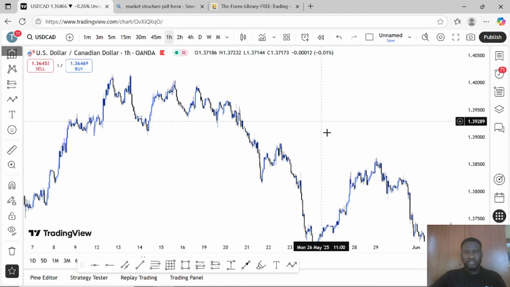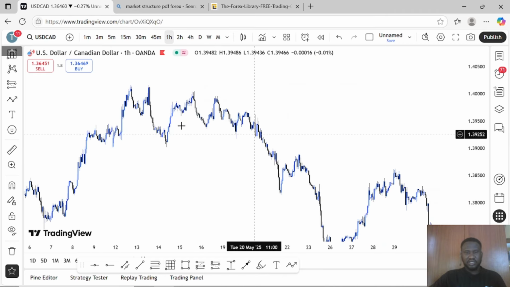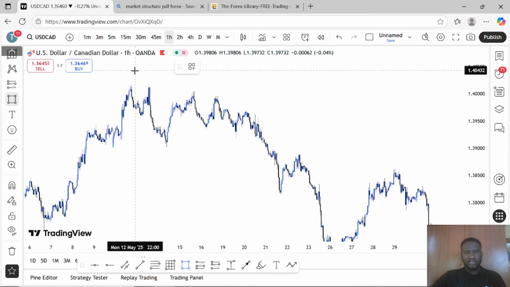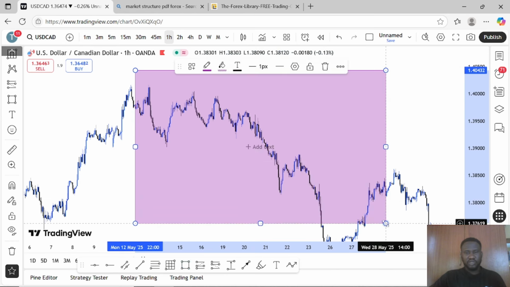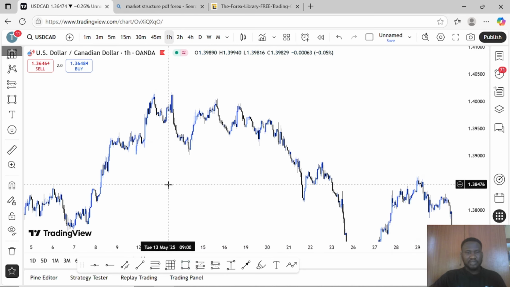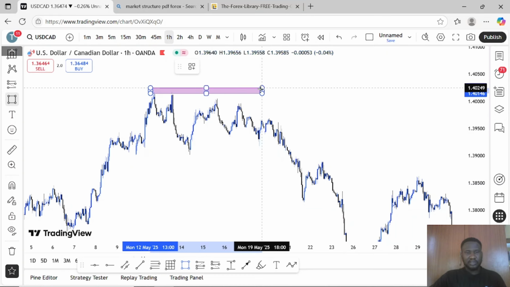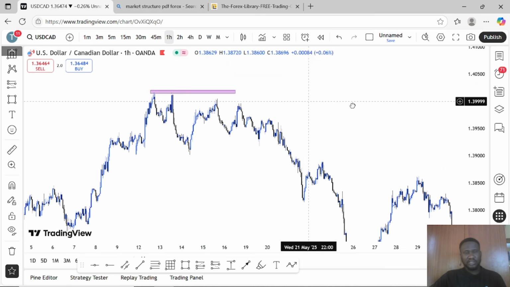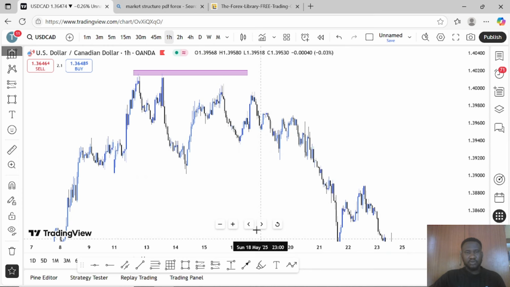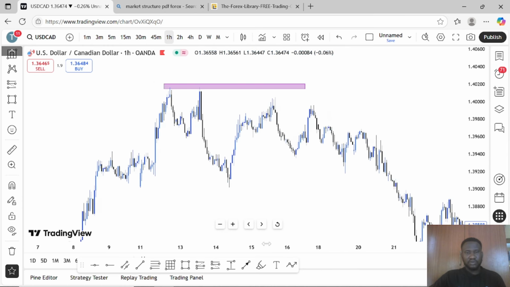According to what we said, if we check this range here to read what the market is doing, we can see the market has this last high here, in this level.